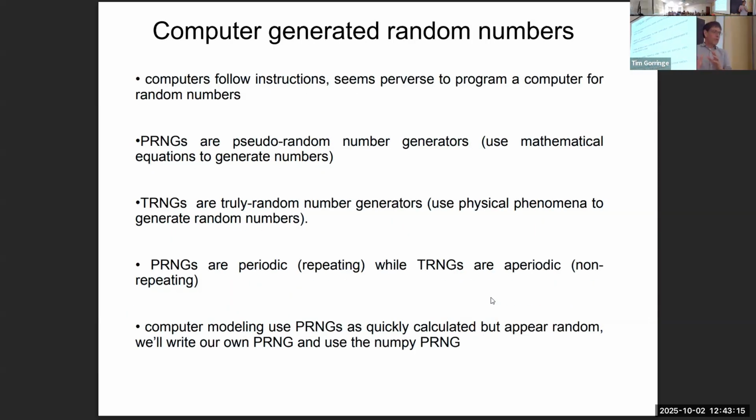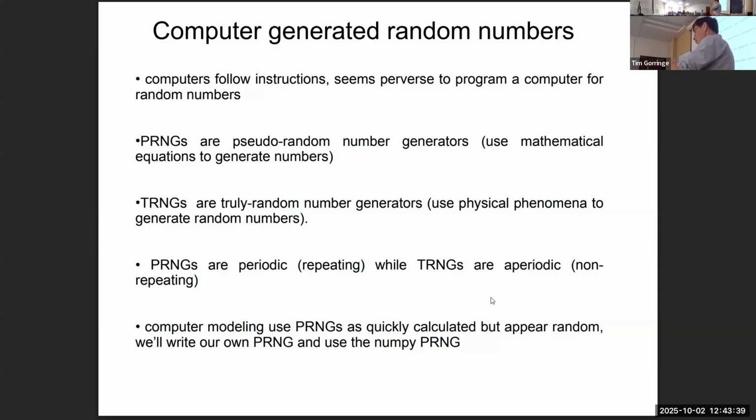Okay, a few general words and a little terminology about computer generated random numbers and other ways of generating random numbers. The first point is that computers are designed to follow instructions.